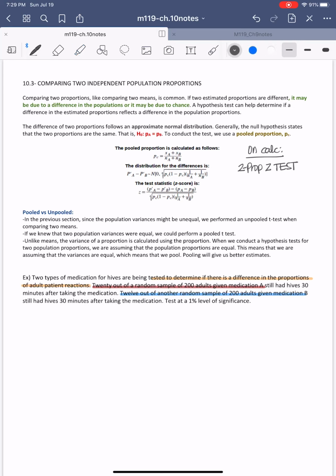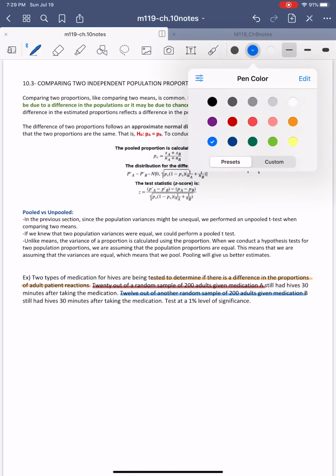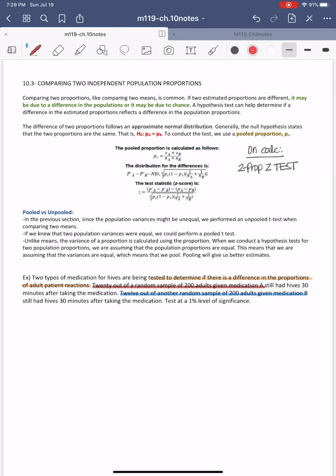Okay, so let's write down a couple things. Group 1, medication A. What do we know? We have 20 out of random samples, so sample size of medication A is 200, and then X, not X bar, remember proportion is a percentage, X over N, right? Medication A, and you don't see the word mean, so we are not dealing with the mean anymore.